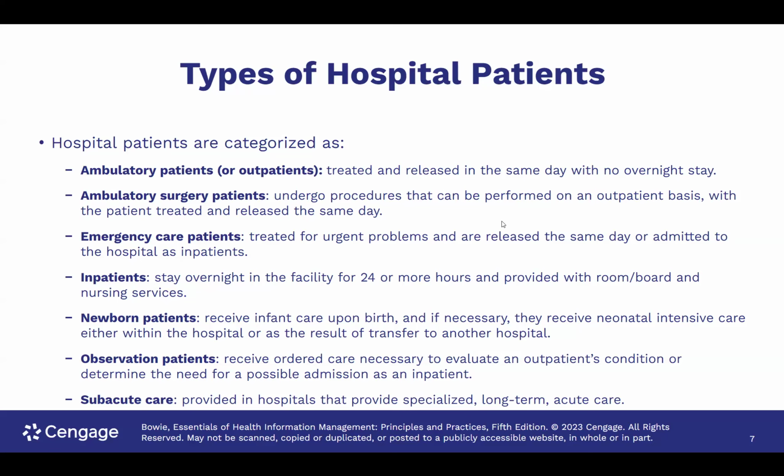If needed, they'll get transferred from labor and delivery to the neonatal intensive care unit within the hospital, or if there isn't an NICU available, they may be transferred to a hospital with one. Hospital observation are patients who receive care to evaluate whether they should be admitted or not. And then subacute care is provided in hospitals that provide specialized long-term acute care.